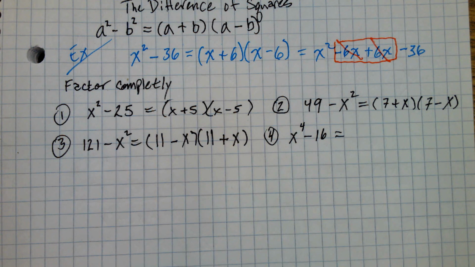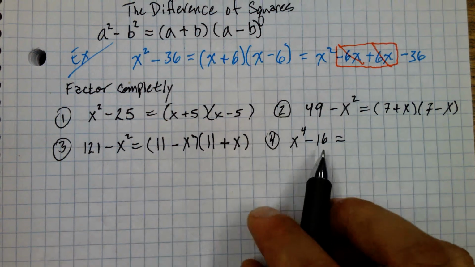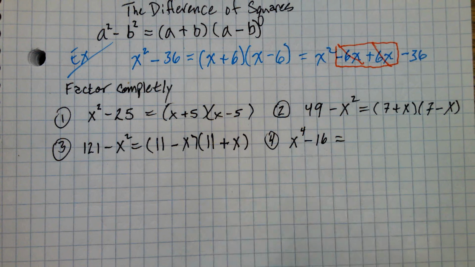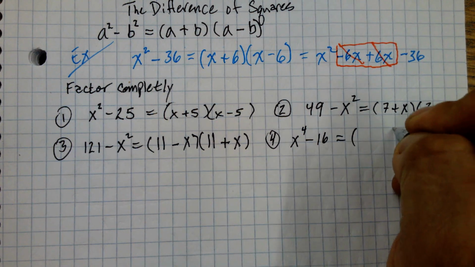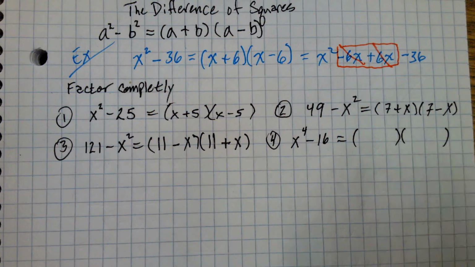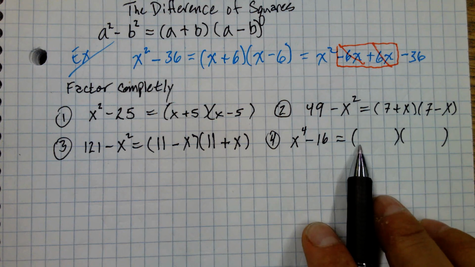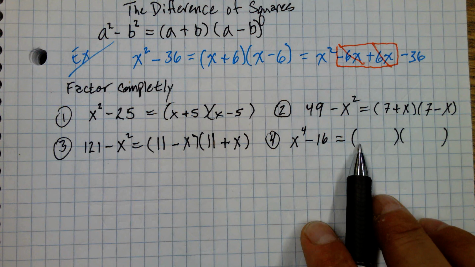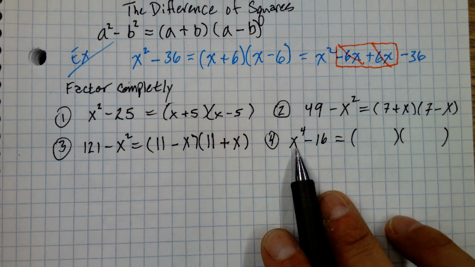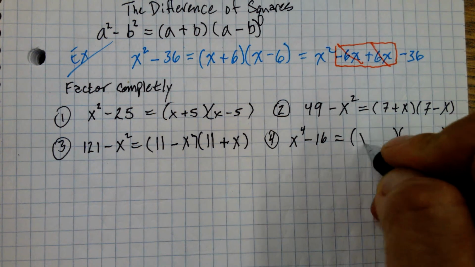Okay? So 16 is a perfect square, right? It's 4 times 4. So how would we write our two binomials? What would go here? X to the second.